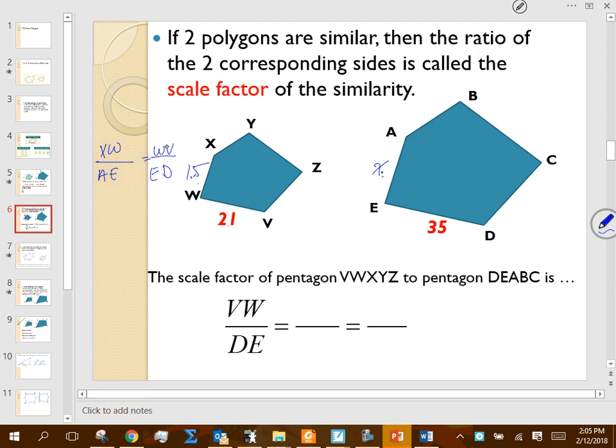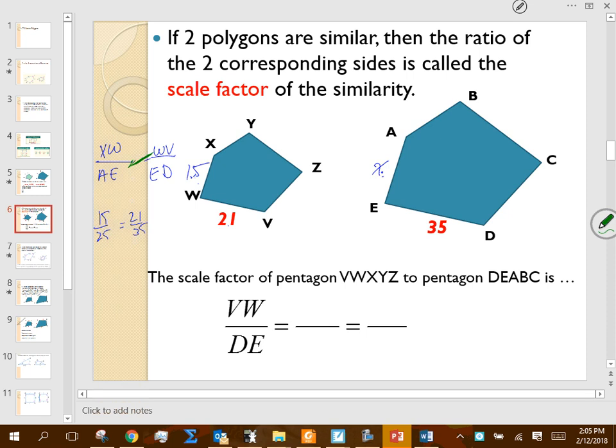That was our 3 to 5, right? And this would have been our 15 to, what did we end up that being? Was it 25? Yeah, 15 to 25, okay? So I'm going to write those. This was 15 to 25, and this was 21 to 35. Those both reduced to 3/5. But what I want you guys to understand is that it is perfectly legal.